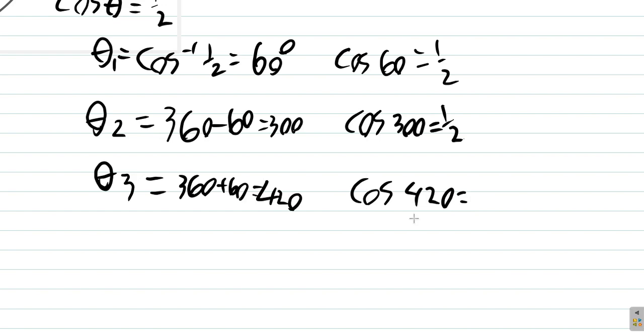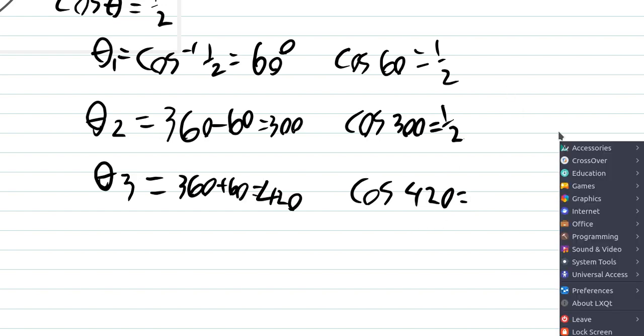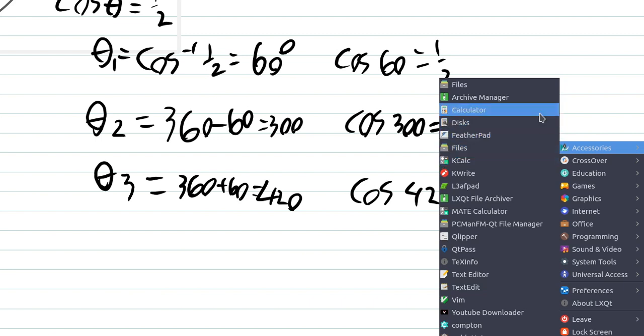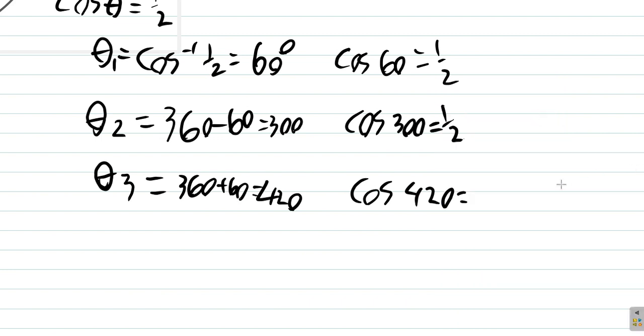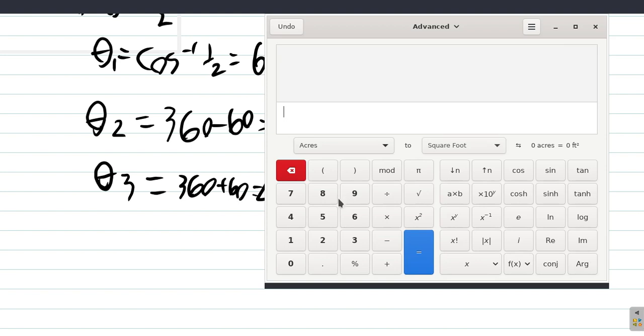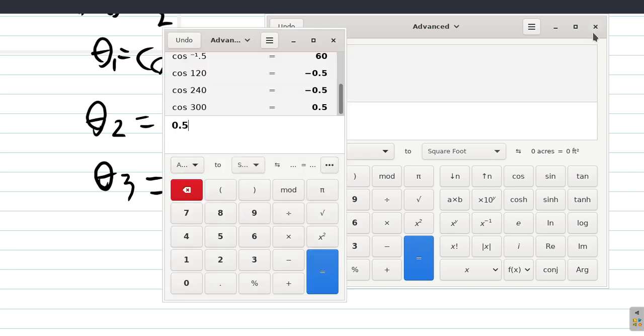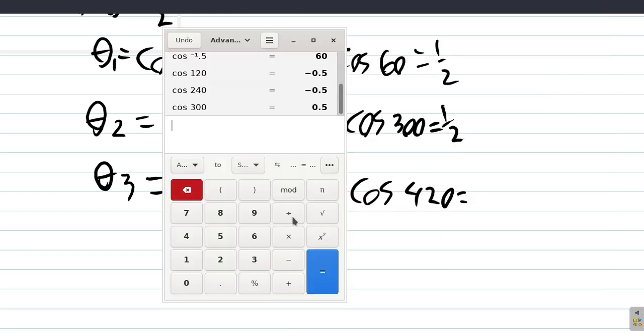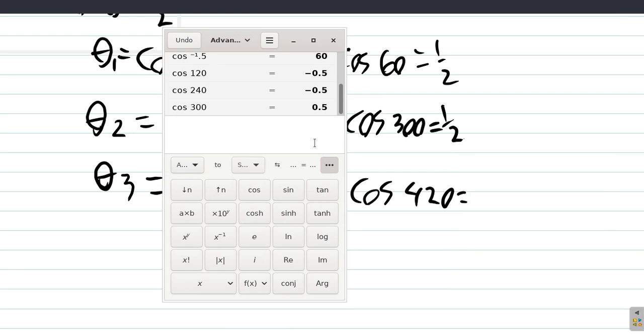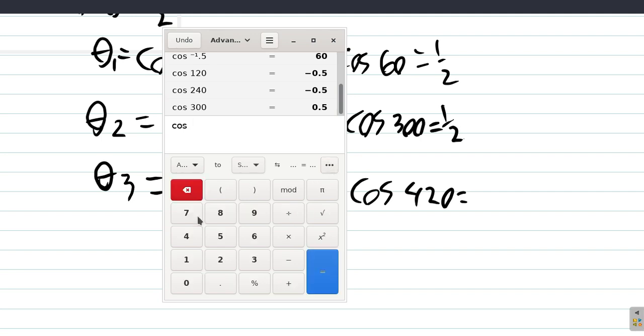Is it really equal to positive half? Let us see. So we have cosine of 420 equals positive half. So you get half.